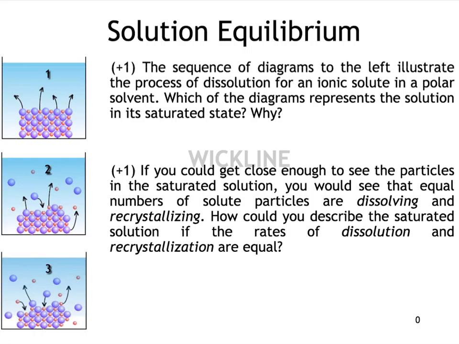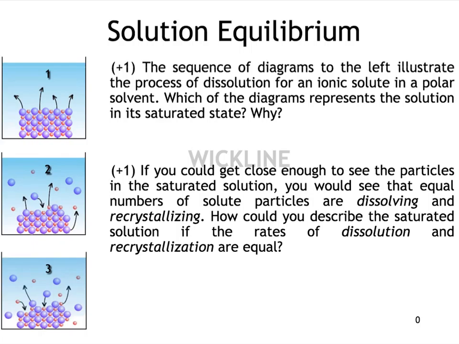Solution equilibrium is pretty easy to understand as well. Here is a group of ions which has just been dropped into a solvent, and all of the ions want to dissolve because there's nothing already dissolved. So at first, that's what you see. At first, you're going to see mostly particles dissolving, going that way, but you will start to see some particles head back to the crystal.